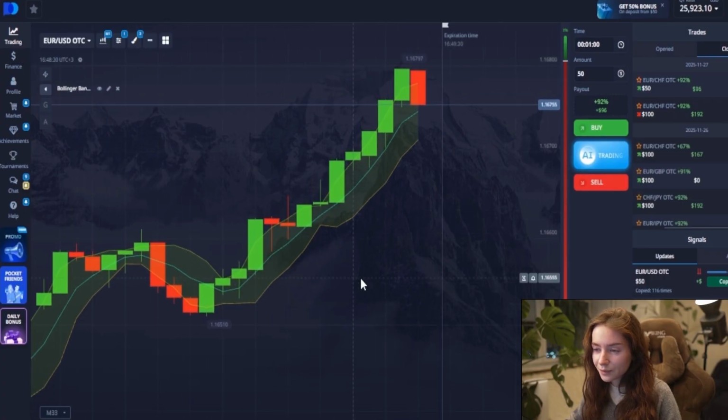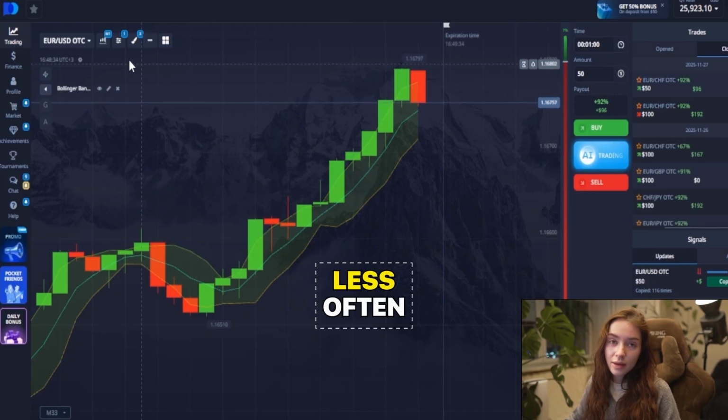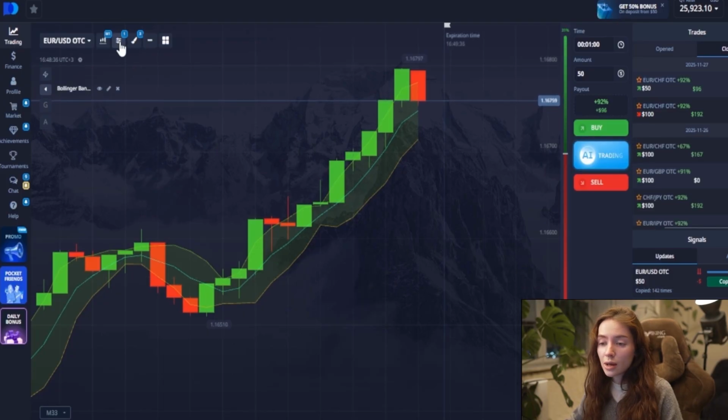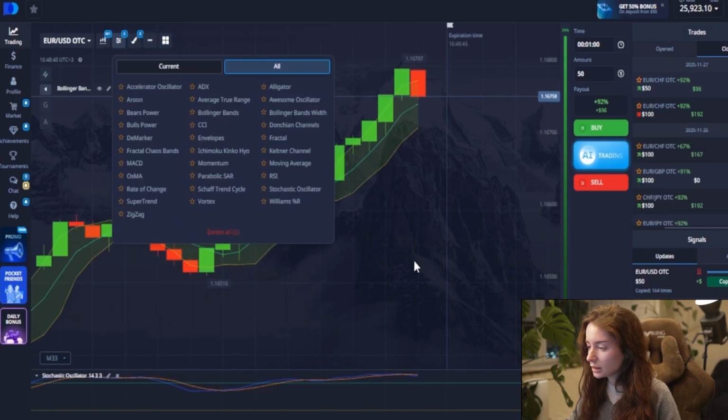In general, I use this indicator less often than the previous two, but when I do use it, I pair it with the stochastic oscillator. Now let's find it. Here it is.